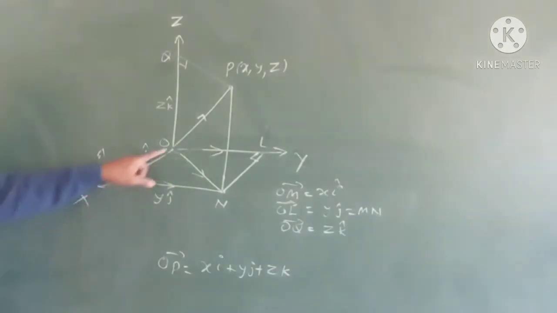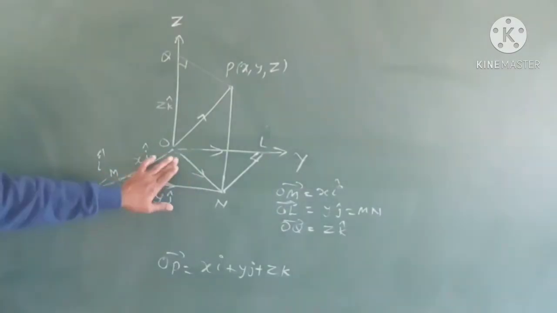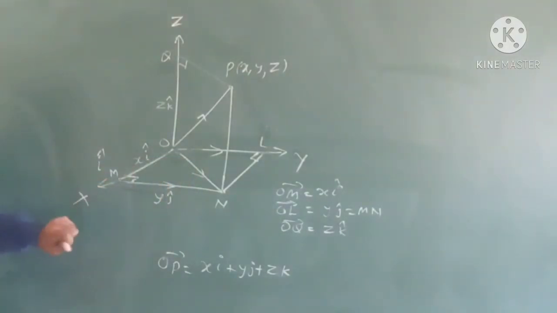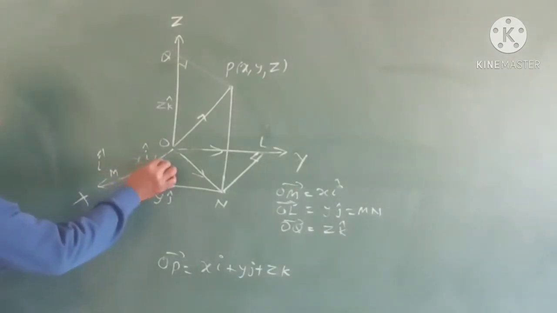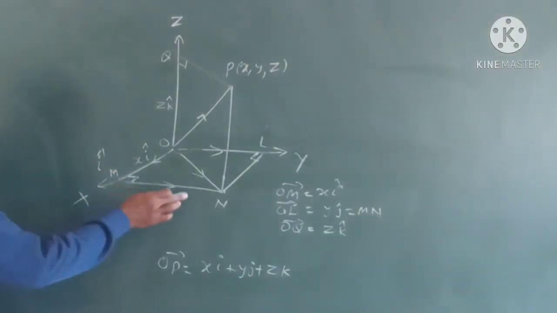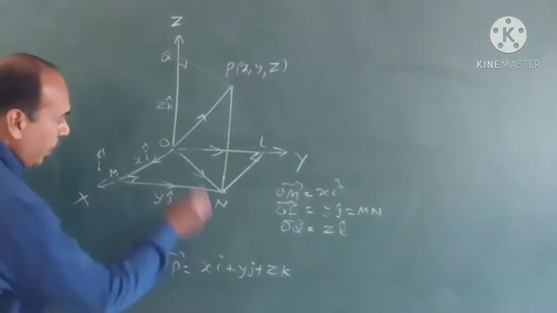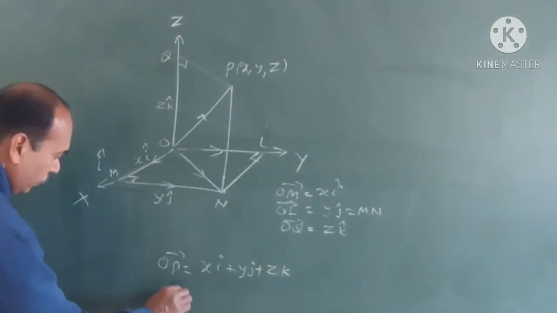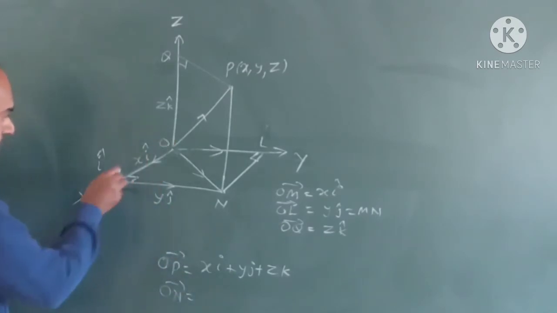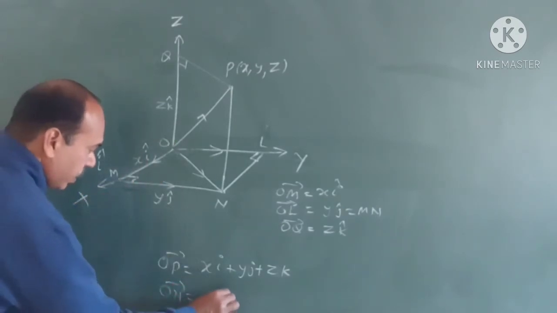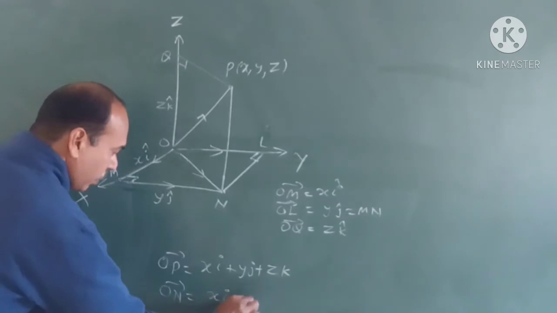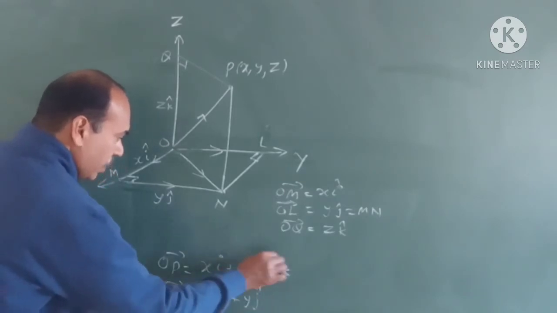So in triangle OMN, using the triangle law of vector addition, OM plus MN is equal to ON. So vector ON is equal to x i plus y j, always write cap.